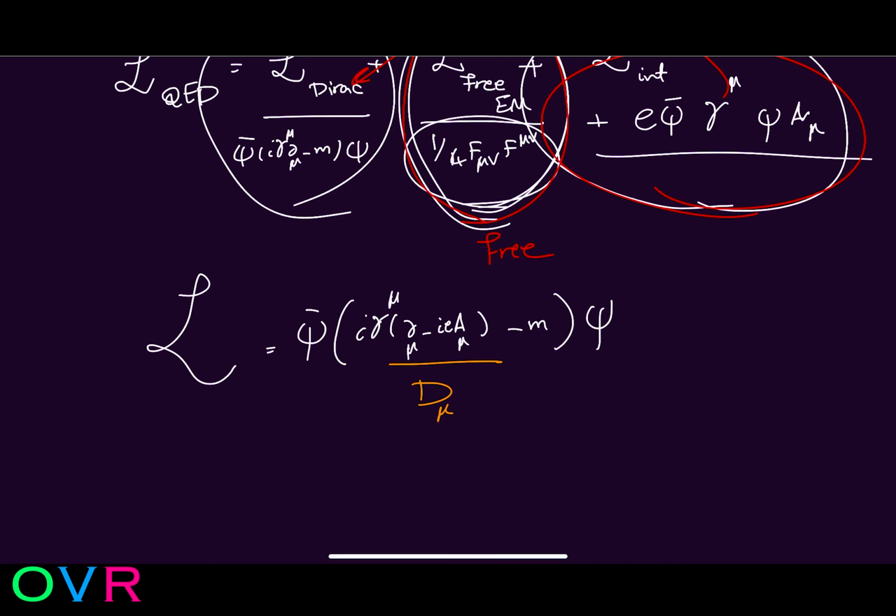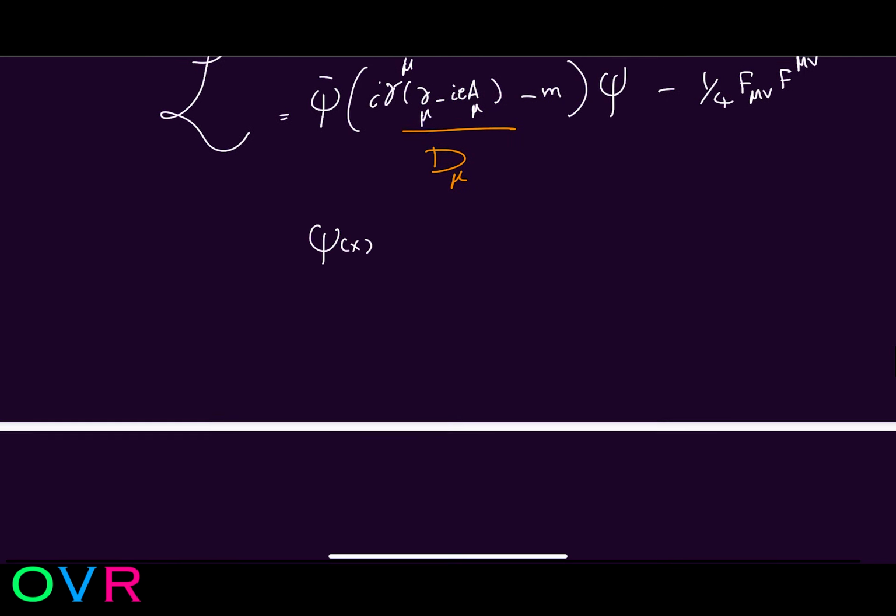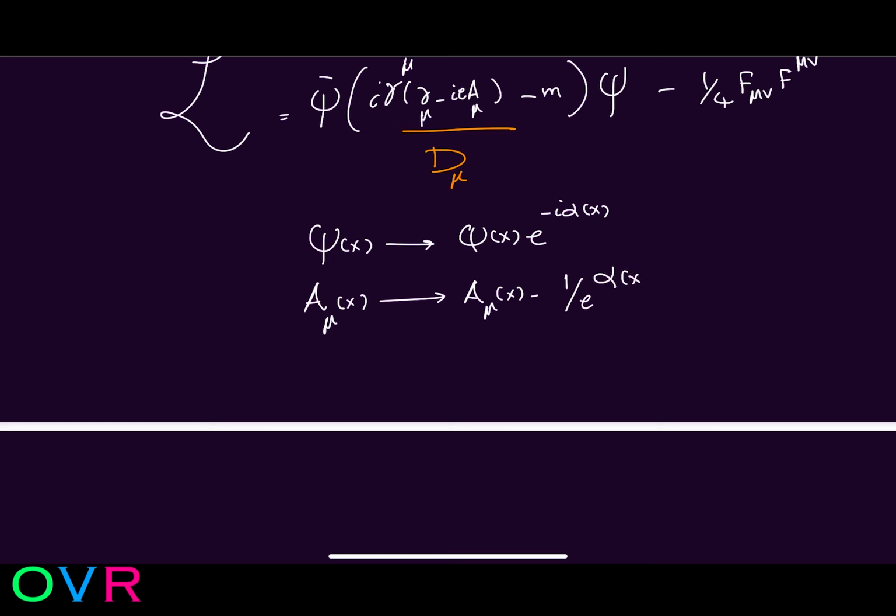And then I say I only have 2 kinds of free field, but one of these fields is a gauge of the other one. So when I transform my fermion, for example psi of x goes to psi of x times an exponential term, a local phase transformation, then my electromagnetic wave should transform like this in order to keep this term invariant.